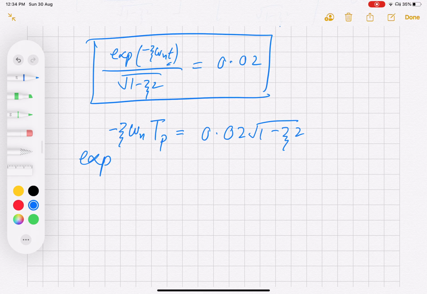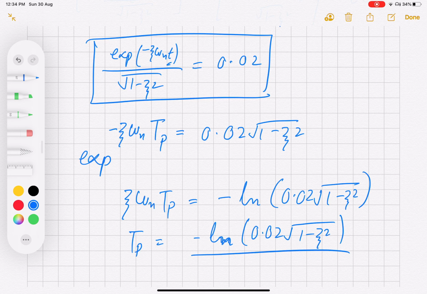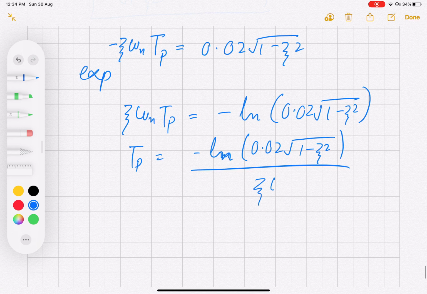Take the ln on both sides, and you get zeta omega Ts is equal to minus ln 0.02 under root of 1 minus zeta square, and you can write Ts as minus ln 0.02 under root of 1 minus zeta square divided by zeta omega n, right?